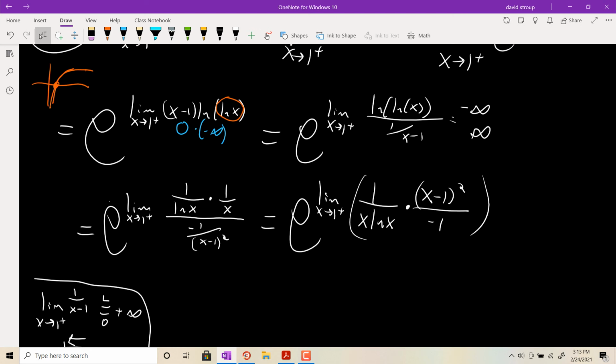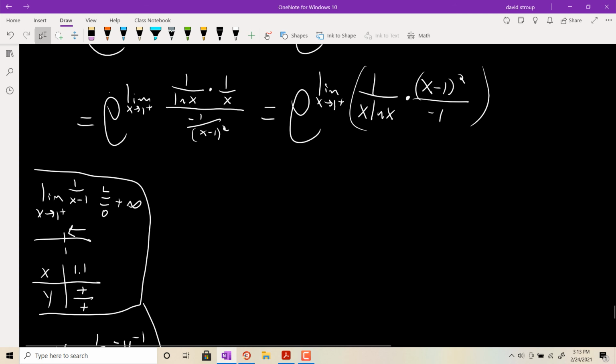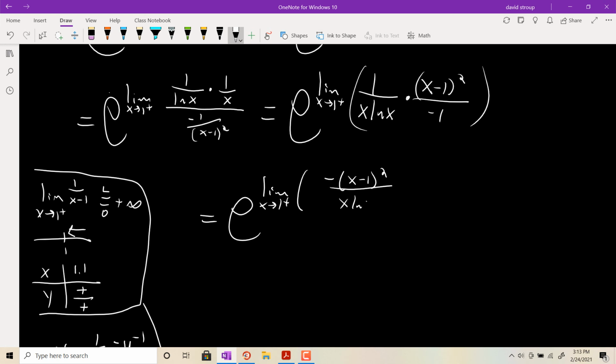Okay. So then I'm looking at e to the limit as x goes to 1 from the right of negative, I guess, x minus 1 squared all over x ln x. And what is that form?